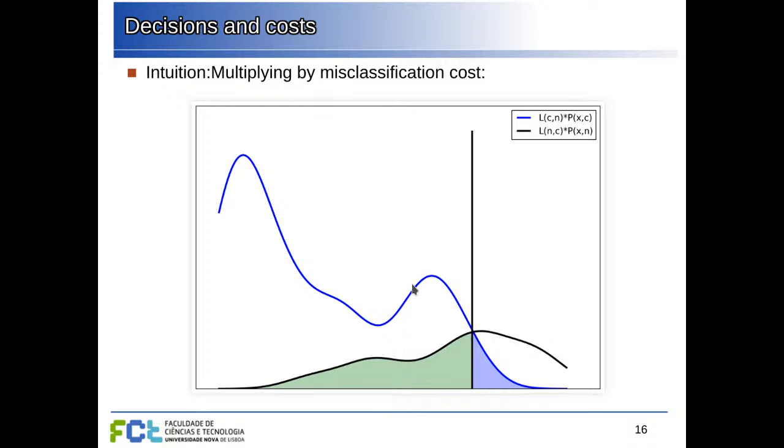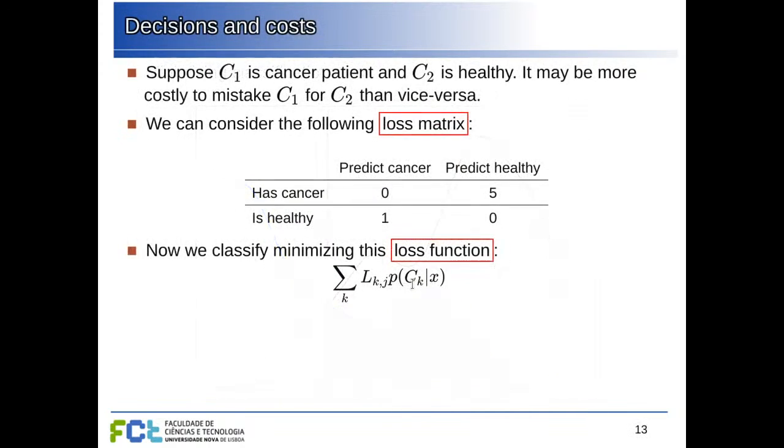This is a very simple example. This is not a real classifier. We would not make a classifier like this, but this is just to illustrate that the actual loss function is not just the error rate, but the error probability multiplied by the cost of making mistakes. And this would be more reasonable, more useful for making actual decisions than just trying to minimize the error without taking into account the different costs of different mistakes.